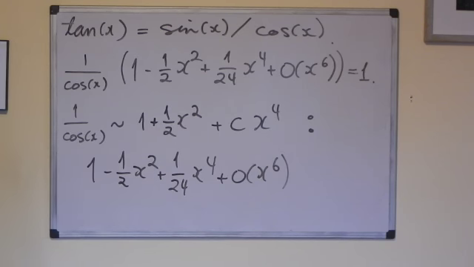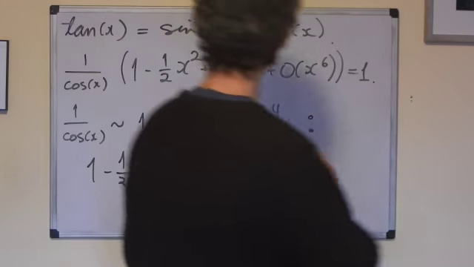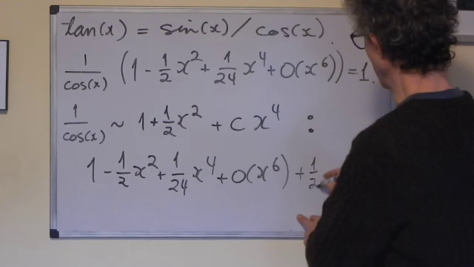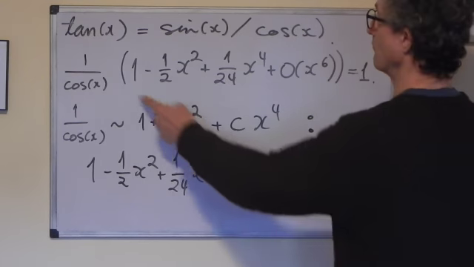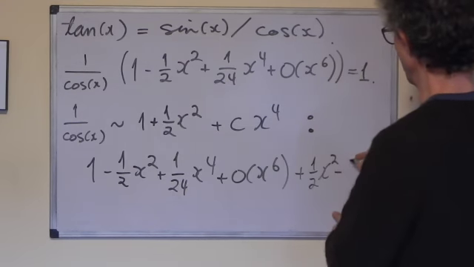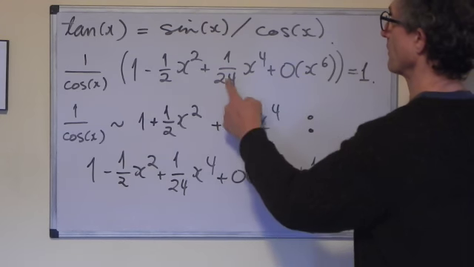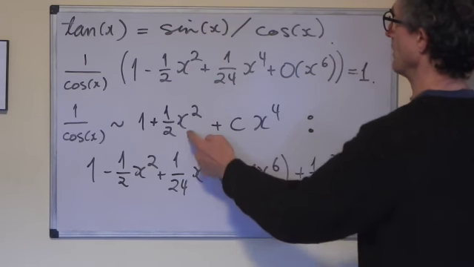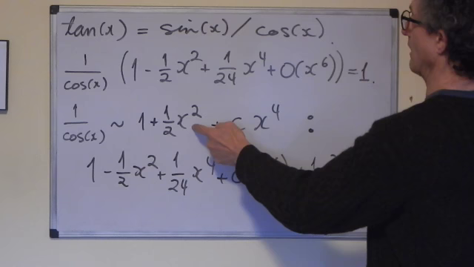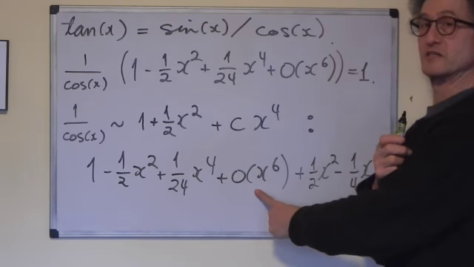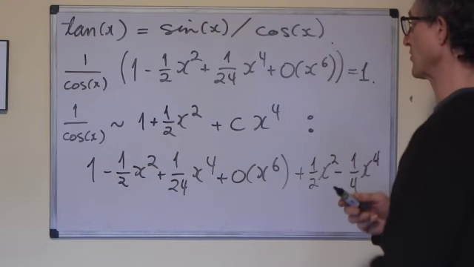Let's look at what happens when we multiply this 1/2 x squared. We get 1/2 x squared times 1. Then we get minus 1/4 x to the 4th here. And then what's left is x squared times x to the 4th, which is already of order x to the 6th, so we don't actually care about that.